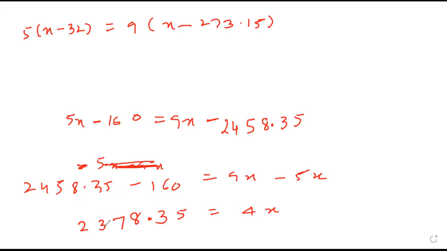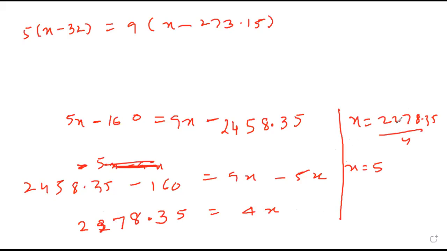2278.35 equal to 4X. Sir, is the answer 574.5? Correct. 574.58. You can round off as 59. So X will become 2278.35 upon 4. 4 5s are 20.